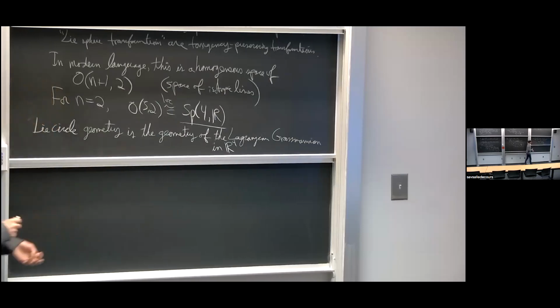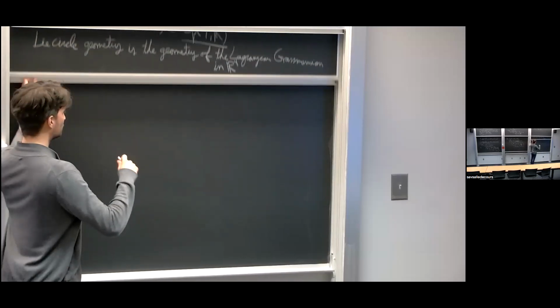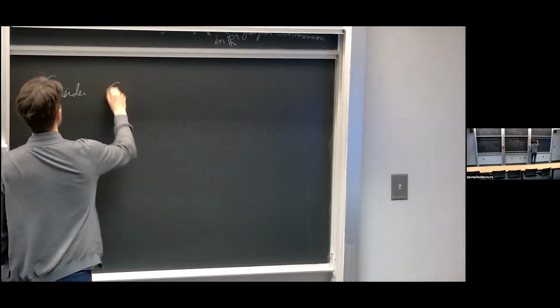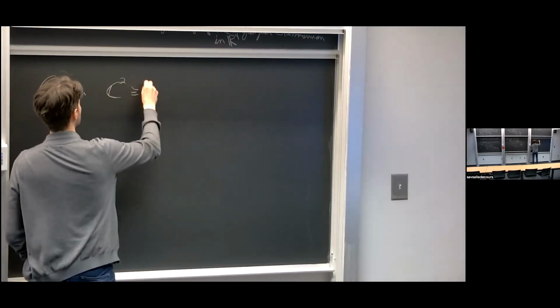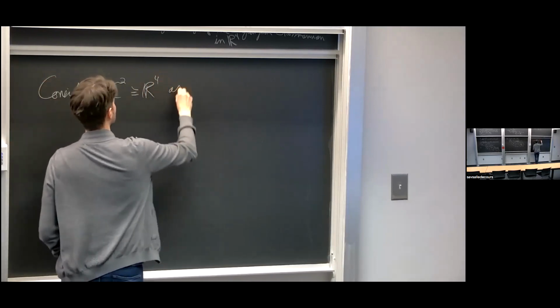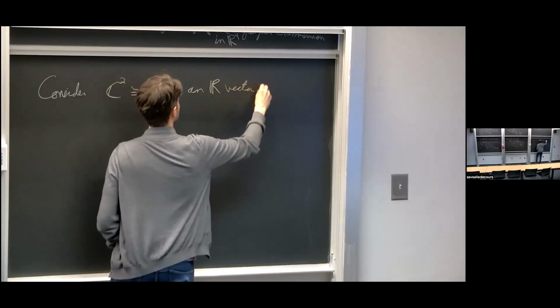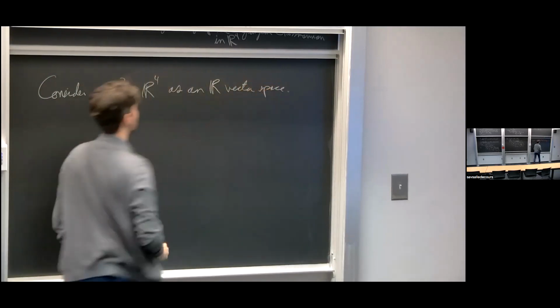How do you get a circle from a Lagrangian subspace in R4? So here's the trick. Consider C2 as your real vector space of dimension 4.